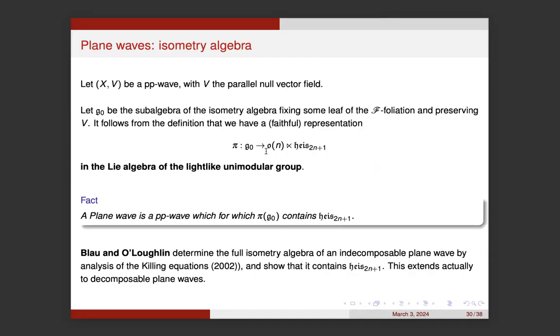If I look at the local isometries which preserve this, remember that if I have V, then I have this foliation which I denoted by F, which is tangent to the orthogonal of V. Now if I consider the subalgebra of the local isometries which preserve some leaf and preserve this vector V, in fact, because the leaves of a pp-wave are flat, these isometries preserve the flat connection, preserve the induced Riemannian flat metric, and preserve the isotropic vector.